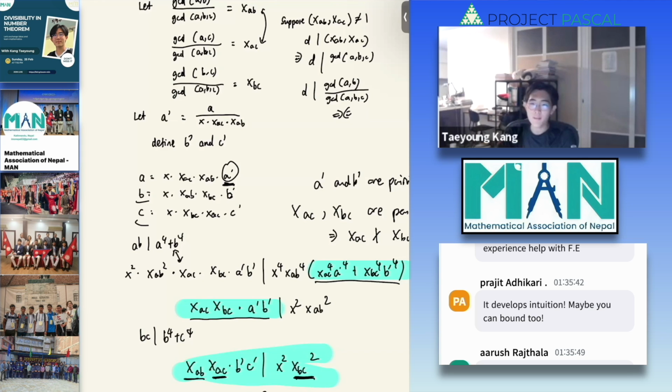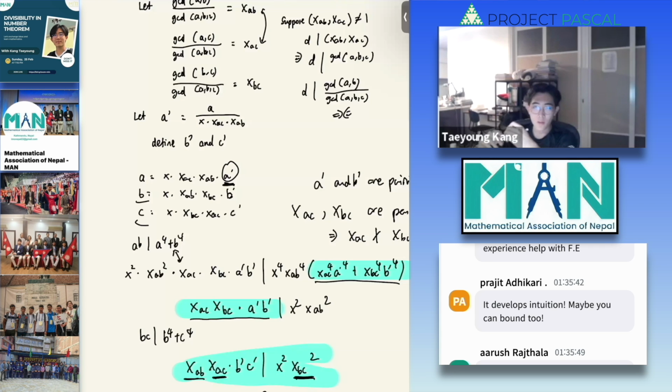It develops intuition, and you can bound too, but I'd like to warn you guys against using too much high-powered stuff to solve problems, because sometimes it overcomplicates things and clutters up the whole solution. You may end up straying to a much harder solution when you have a much easier one right in front of you.